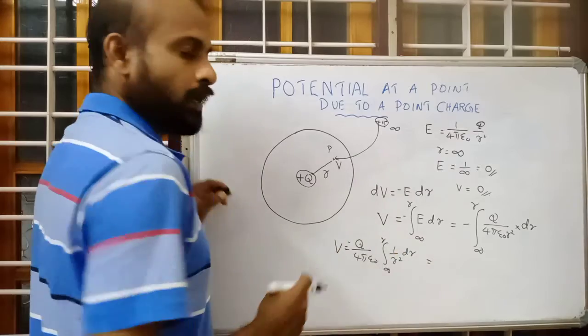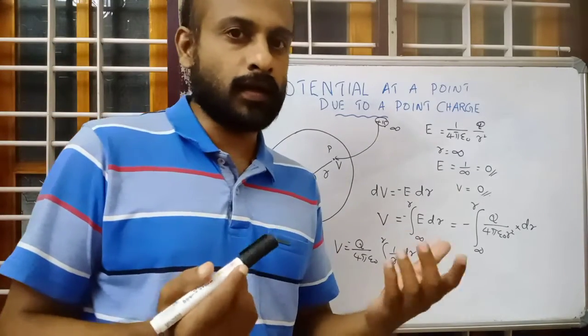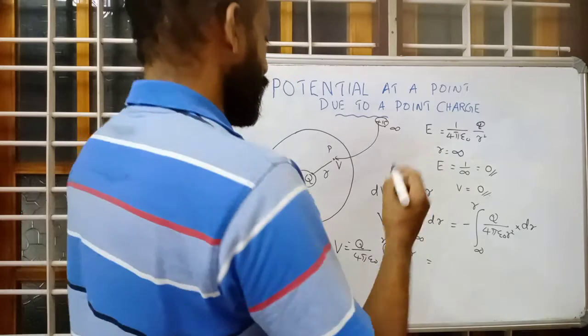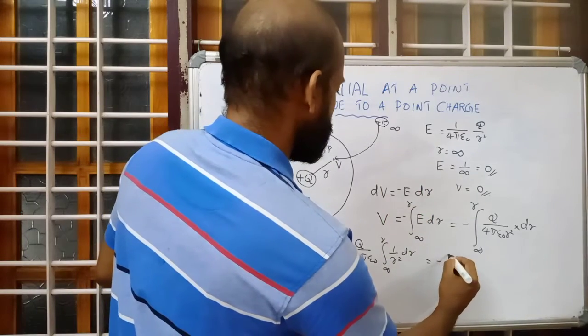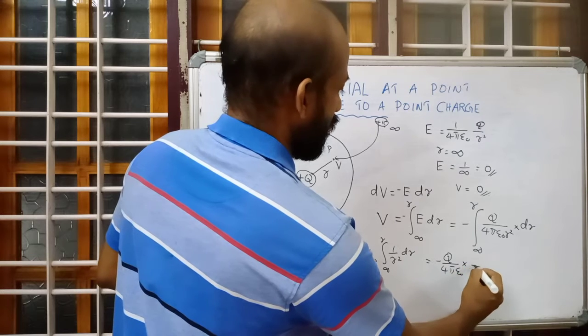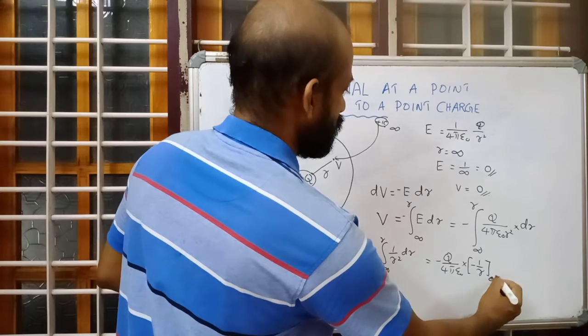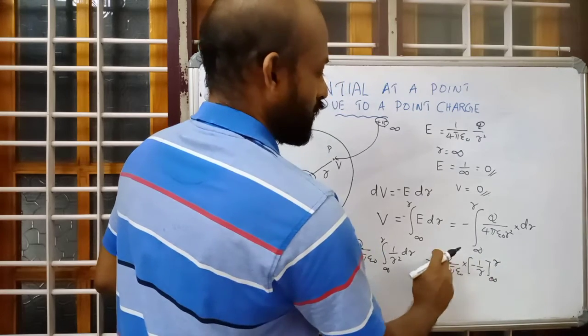What is the integral of 1 by r square dr? The integral of 1 by r square dr is equal to minus 1 by r. So it is equal to minus Q by 4 pi epsilon 0 into minus 1 by r, and I need to apply the limits from infinity to r. Minus minus cancels.